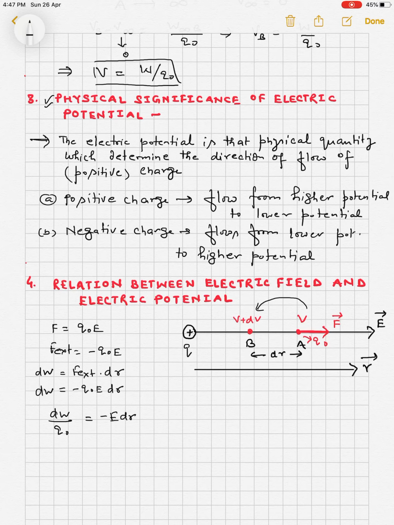And dW upon Q naught, from the definition, the work done in bringing a unit positive test charge from one point to another point in electric field is equal to the potential difference. So this quantity is dV. So dV is equal to minus E dr, or we can write E is equal to minus dV upon dr. Here dV upon dr is called potential gradient.